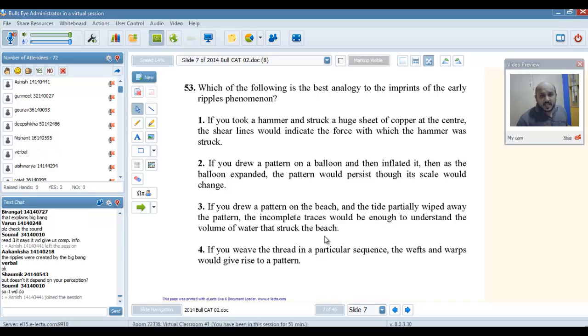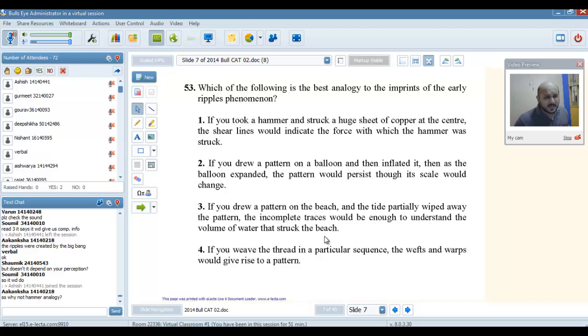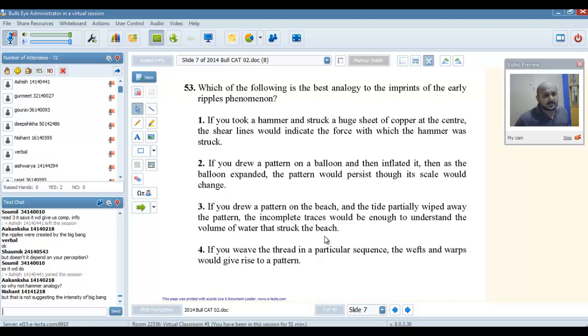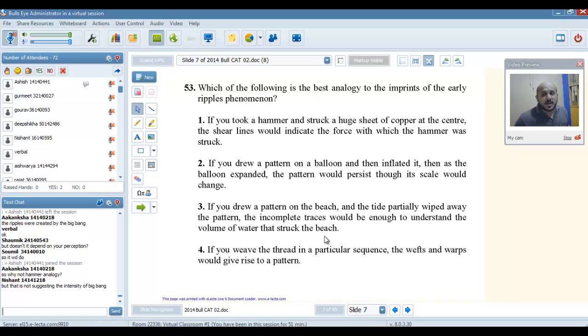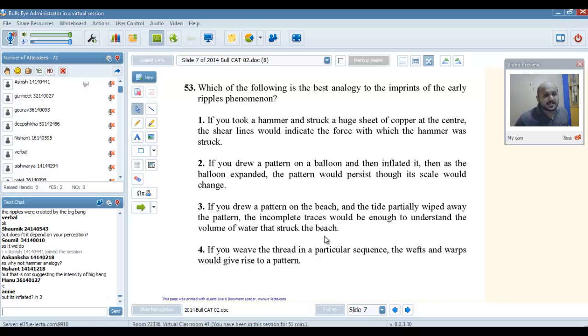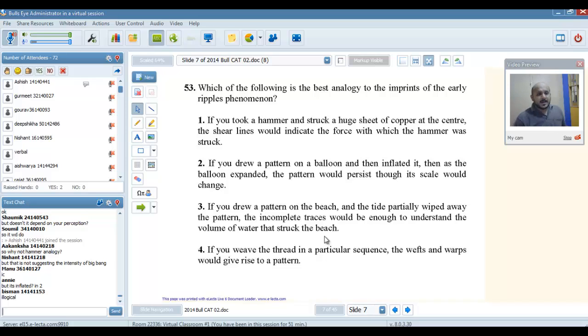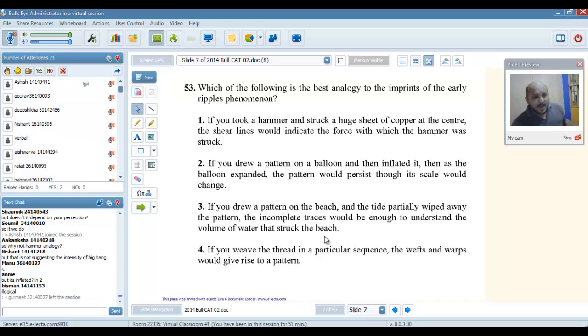Option number 3: if you drew a pattern on the beach and the tide partially wiped away the pattern, the incomplete traces would be enough to understand the volume of water that struck the beach. Why is option number 3 incorrect? Akansha, it cannot be the hammer analogy for the simple reason that the hammer analogy implies you are using the hammer and you are creating shear lines.